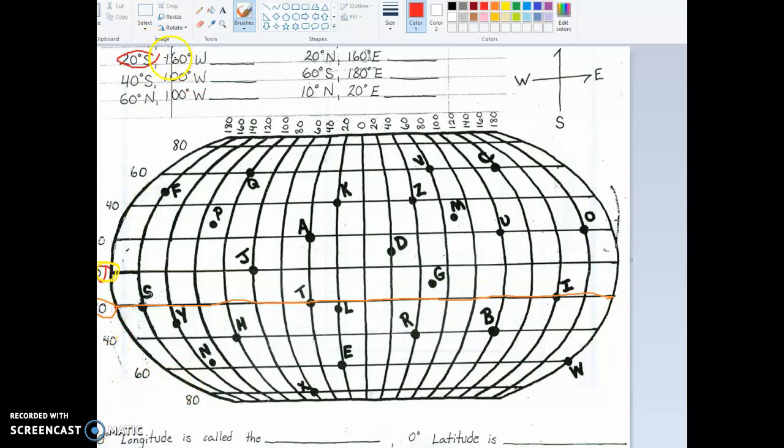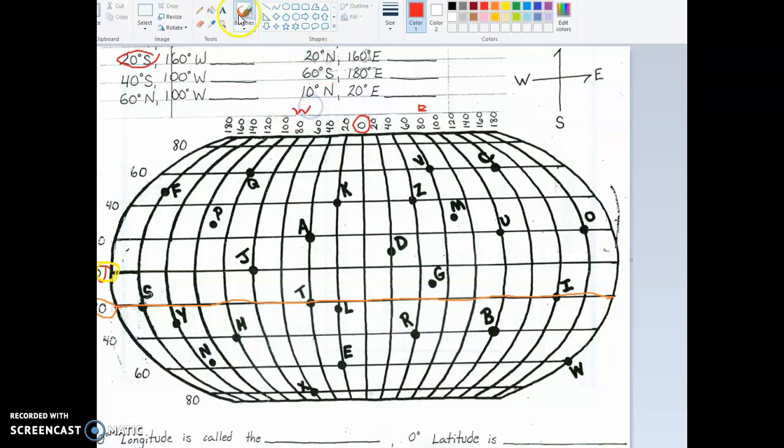My next is 160 degrees west. So again, we're going to start here at 0. We're going to start here at our prime meridian. And we've got our compass rose up here that tells me the direction. So I know anything on this side is going to be east. That is the worst E ever drawn. And this is going to be west.